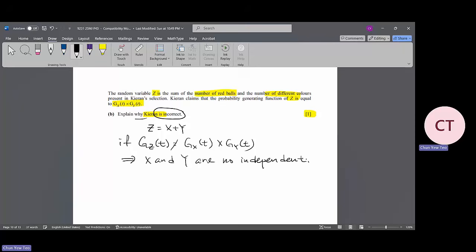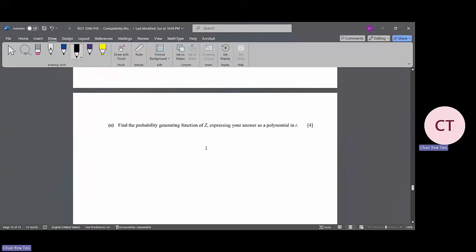That's all. So this is the answer for question 6B. Now we move on to 6C.